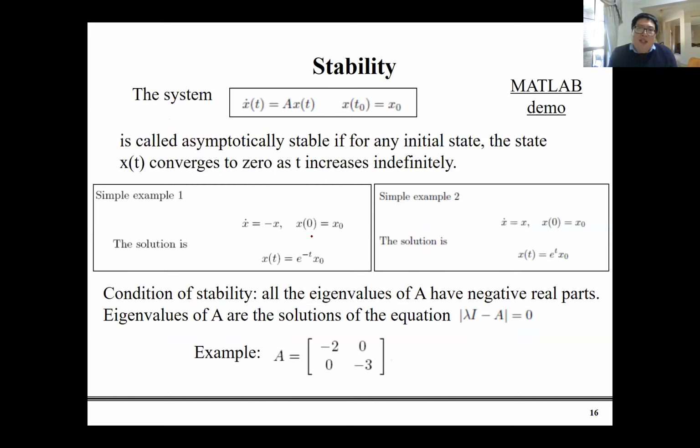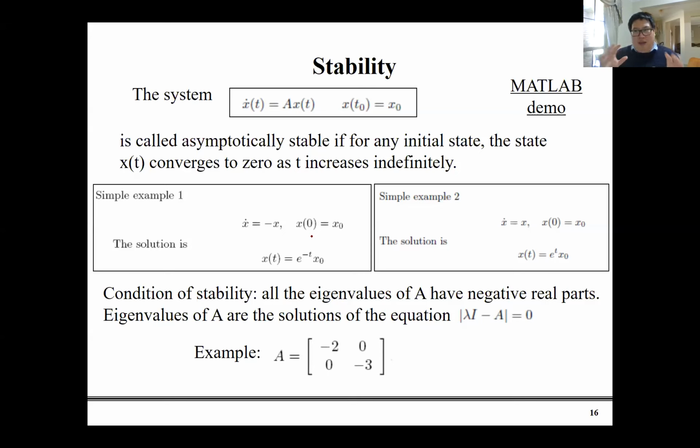All right. So the definition of stability is that if you have a linear continuous time system, the system is called asymptotically stable, or simply we call it stable, if for any initial state, the state x will converge to 0 when t increases. All right, so let me repeat it again.